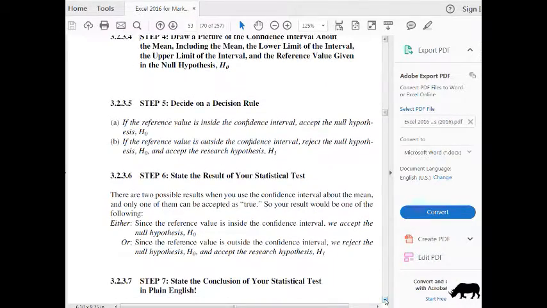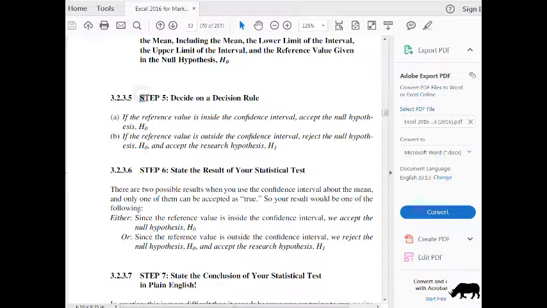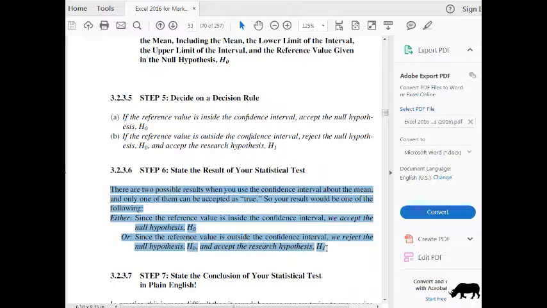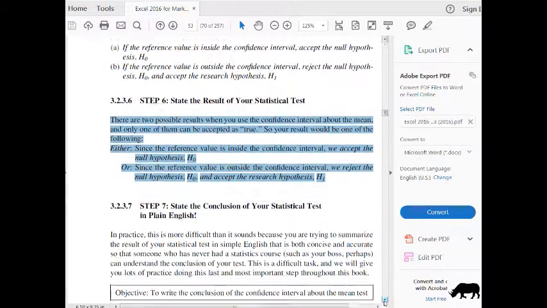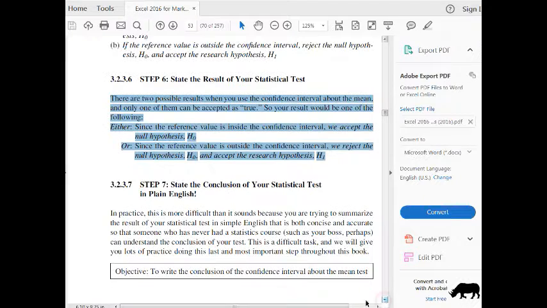Step 5, decide on a decision rule. Step 6, state the result of your statistical test. Read this carefully. Step 7, state the conclusion of your statistical test in plain English.